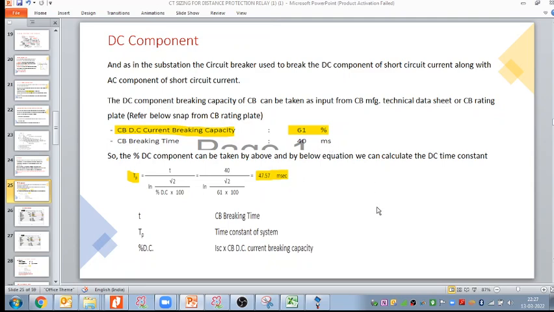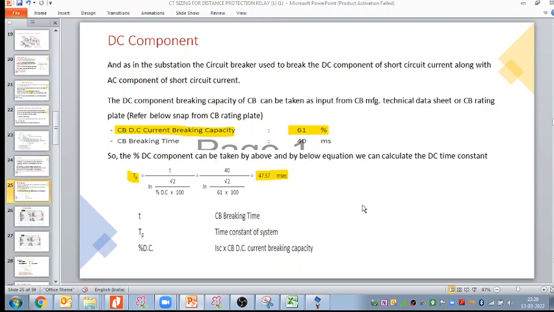I understood, but my question is, for coordination purposes, I will not take the instantaneous one. If I have, say, 300 milliseconds opening time of that particular breaker, do I use 300 milliseconds to calculate the time constant of the system? No, not 300 milliseconds. What I'm saying is, you have what we call short time, instantaneous and long time protections.